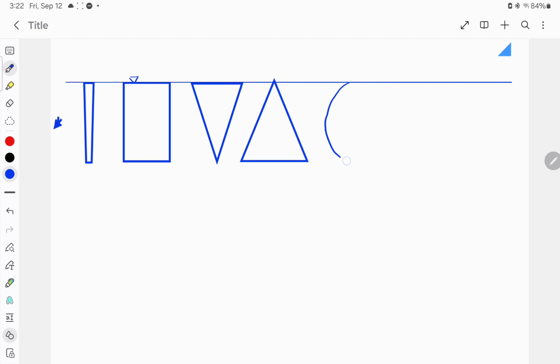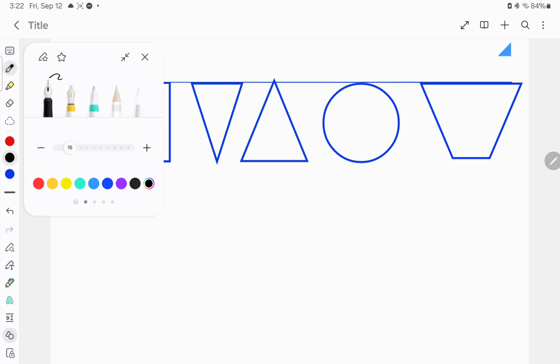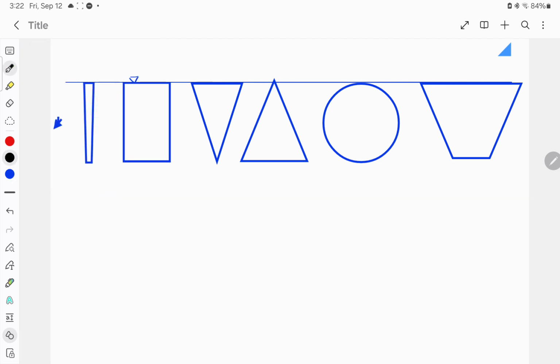It might look like a circle. It might look like a semicircle, or it might look like a trapezium. Okay. So what we have to do now is note that if this distance is h.